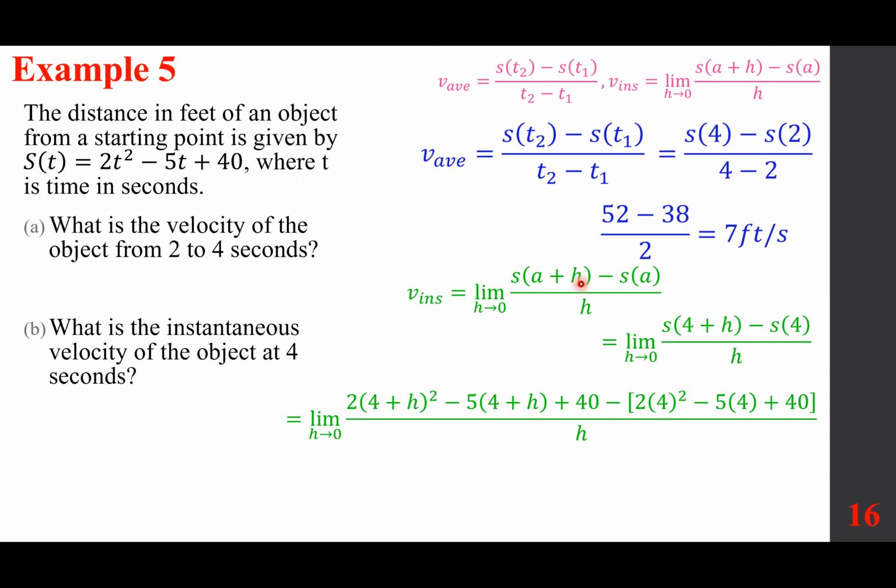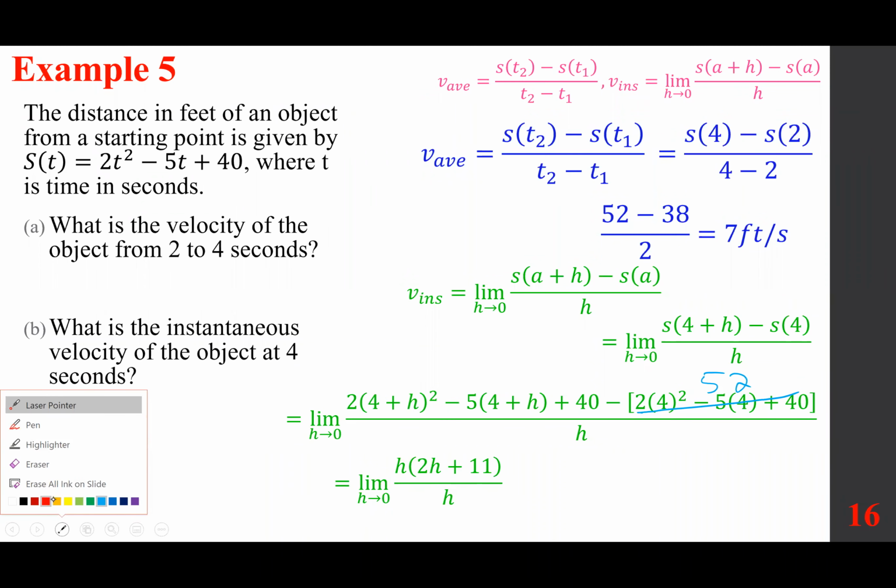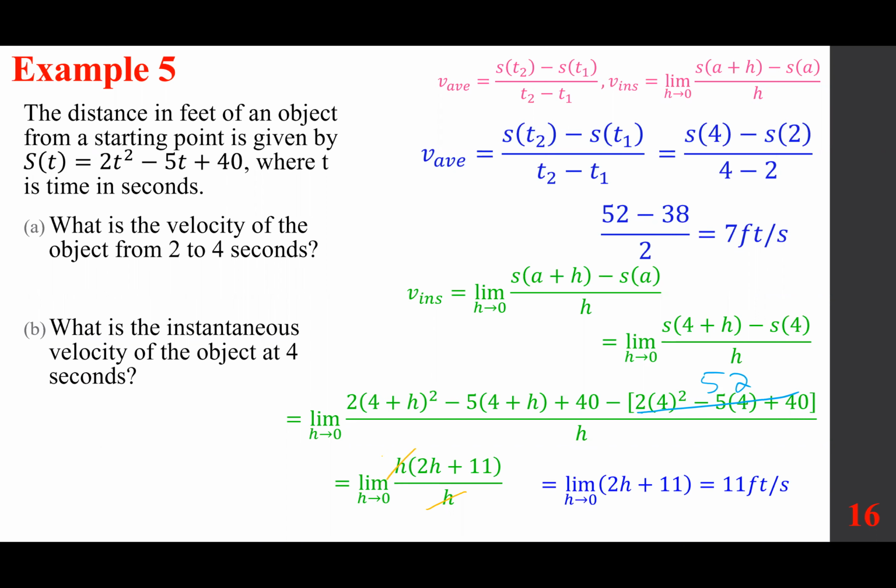Now, s of 4, as I mentioned, you can even use 52 here. Again, I've gone over this in detail last time, so I'm not going to do that. It is purely an algebraic technique to finish the numerator and write the simplified version. And h and h cancel each other. You're left with 2h plus 11. So the limit of 2h plus 11 as h approaches 0 is simply 11, which makes it 11 feet per second. And that's it.